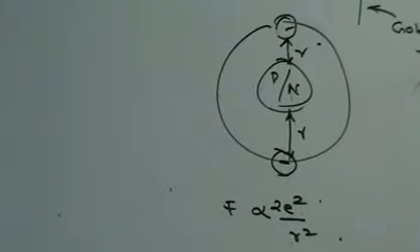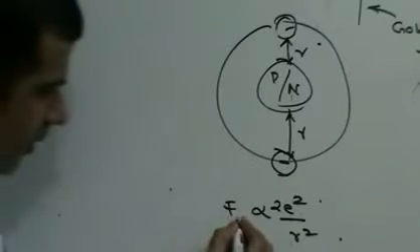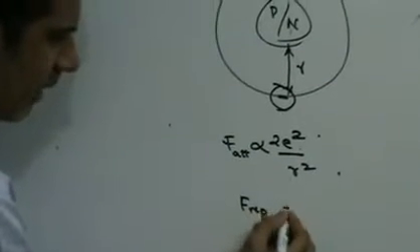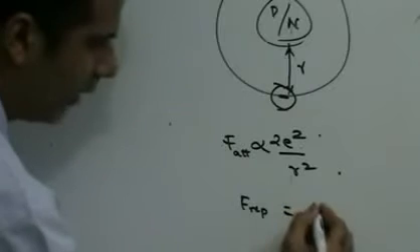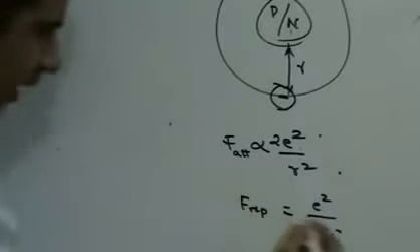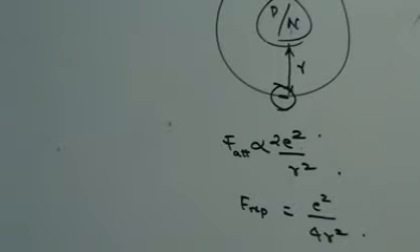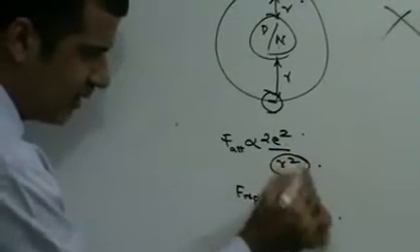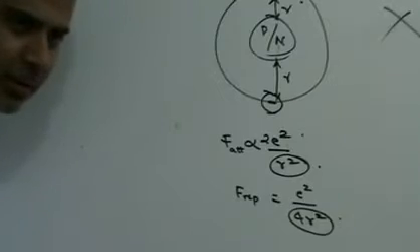Now, this is the force of attraction. The force of repulsion between the 2 electrons is given by the formula e square upon 4r square, right? Now, it is very clear from these 2 formulas that this denominator is smaller than this denominator.